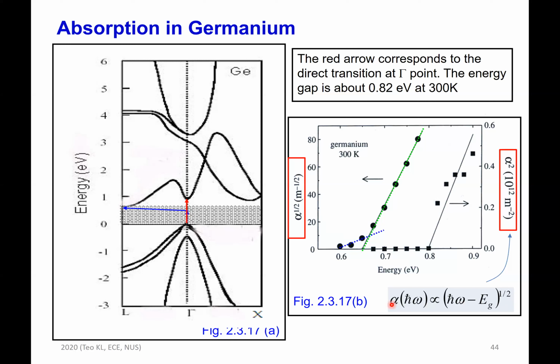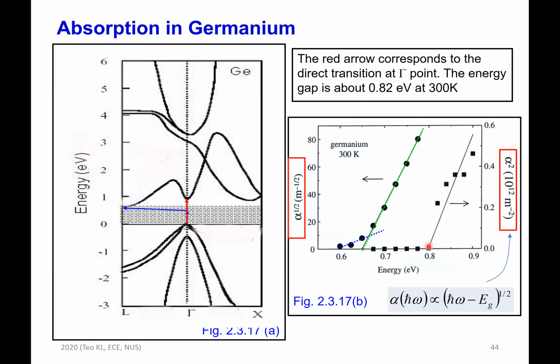If you take alpha squared, you take the square on both sides, and you plot alpha squared as a function of photon energy, alpha squared will be proportional to h bar omega minus Eg. You expect a linear curve.